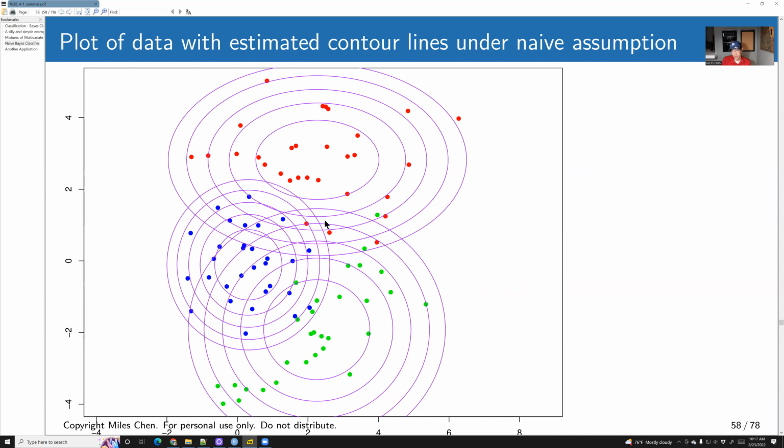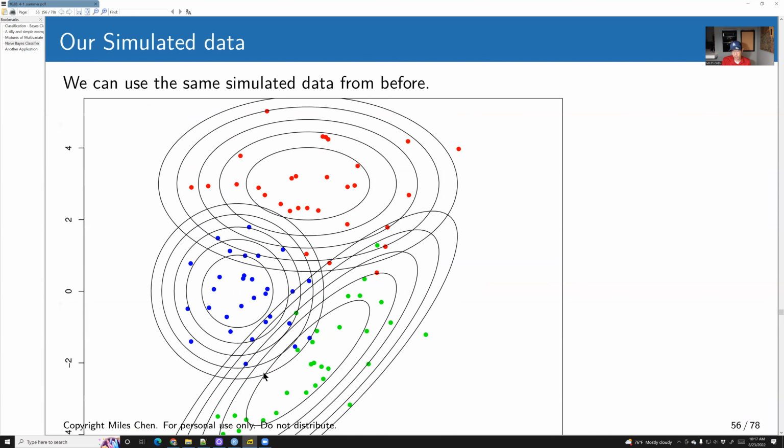Now there's no covariance, okay? No covariance between x1 and x2. The difference is most profound for the green distribution. In the true data, there's high covariance between x1 and x2, okay? Everything comes along in this diagonal ellipse here.